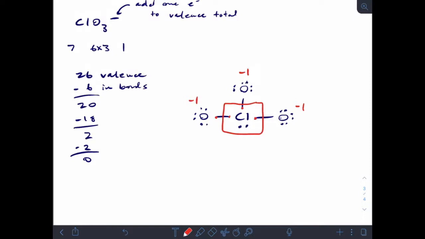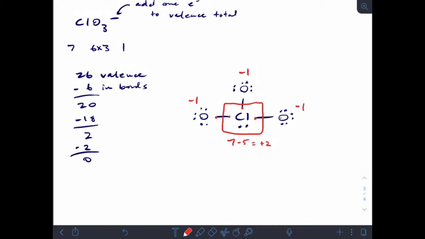Chlorine has 7 valence, and there are currently 5 electrons in the box, so chlorine has a +2 charge. So overall, 3 -1s and a +2 gives us an overall of -1, which is the charge of our ion. That's what we want.